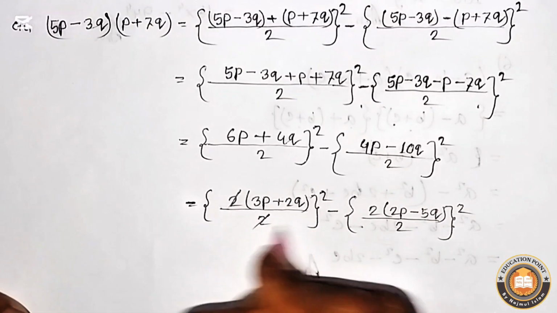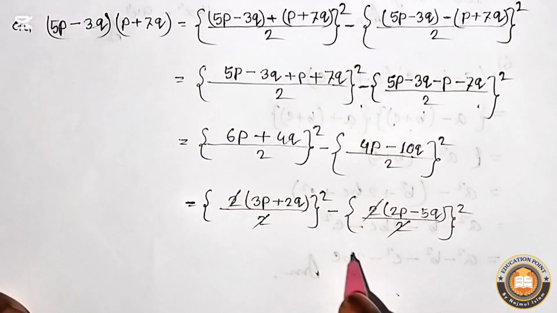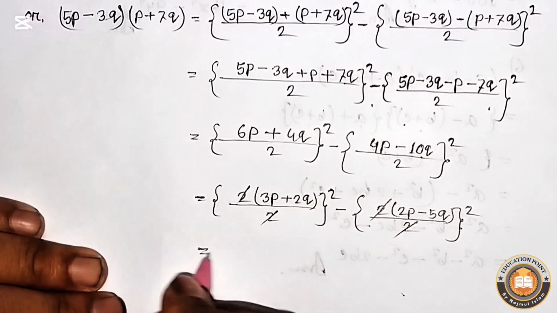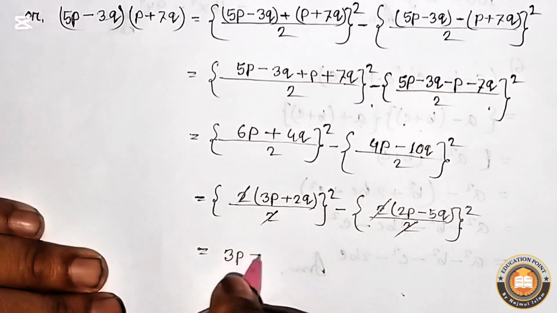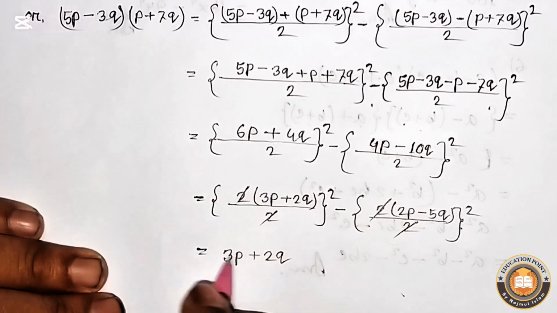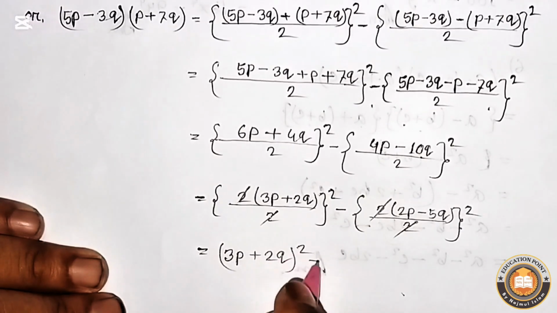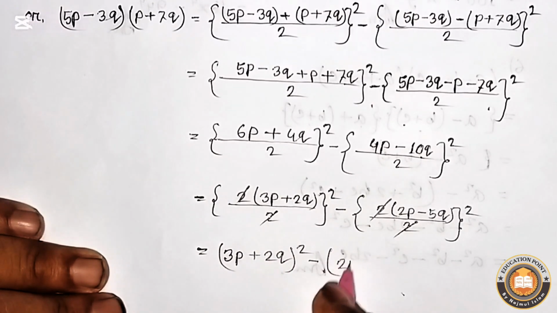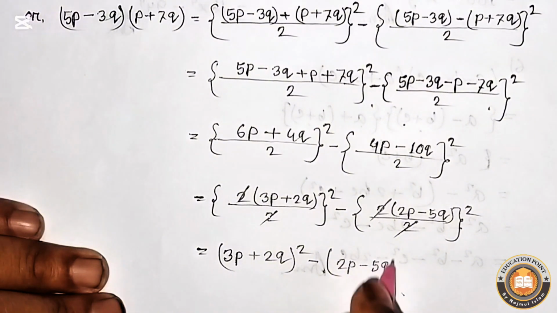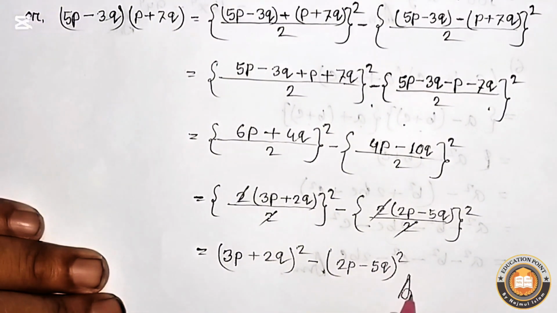Here 2 and 2 are reduced, 2 and 2 are reduced, so we can write (3p plus 2q) whole square minus (2p minus 5q) whole square.